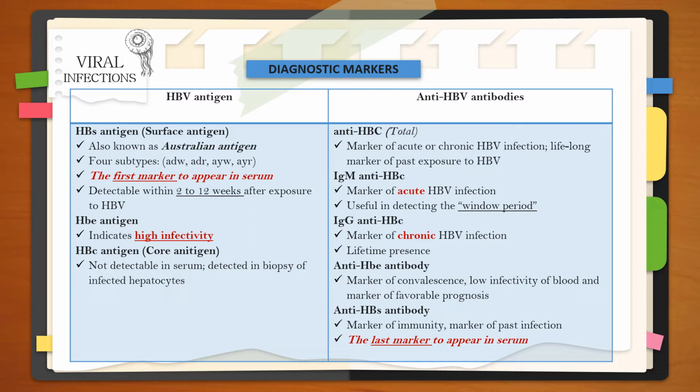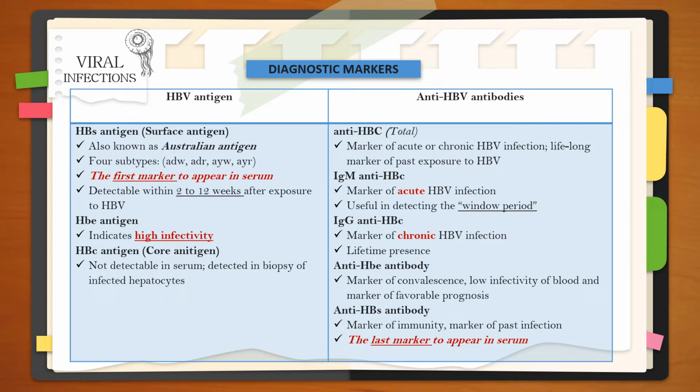For HBV antibodies, we have five markers. First is the anti-HBc total, which describes the total antibody against the core antigen and is a lifelong marker of past exposure to hepatitis B infection. Antibodies to the core antigen are categorized into IgG and IgM antibodies.